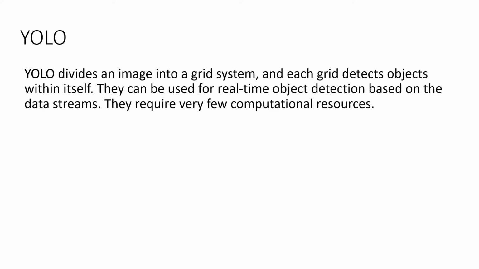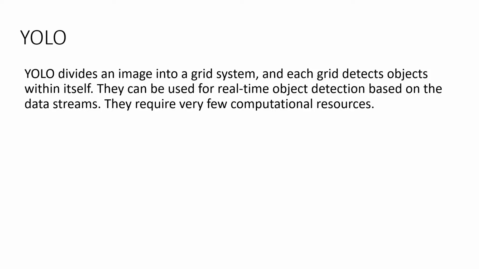So why should we use YOLO V5, and what is the difference between YOLO V5 and existing CNN-based algorithms? YOLO V5 is the fifth version of the YOLO family of architectures. It is an advanced architecture over the previous YOLO V3 and YOLO architectures.